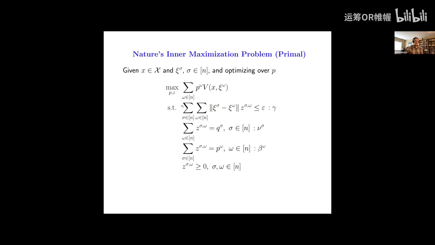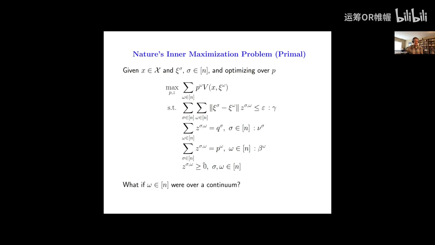So it's optimizing over P to maximize this expectation, but it can't just put all the mass on the single worst case scenario, because the Z's that it picks have to be within a radius epsilon of the given distribution Q. So this is nature's problem when the V for the moment is just data.